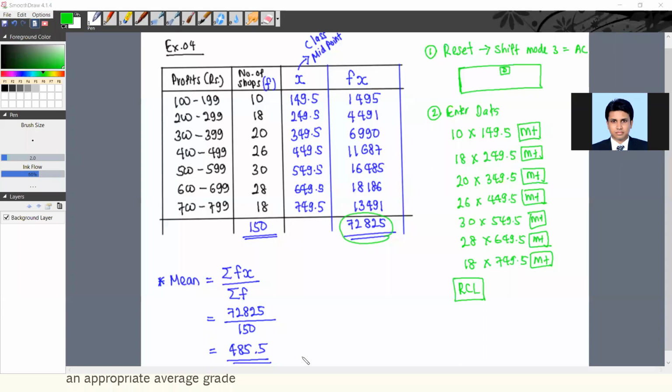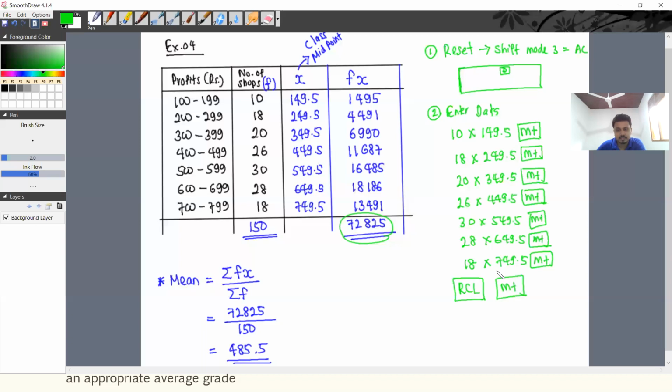RCL, and press M plus. Press the RCL button and then press the M plus button, then you may be able to see this figure. I don't have the calculator with me right now, so are you getting this one? 72,825.